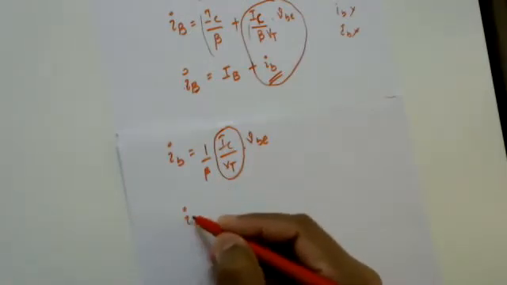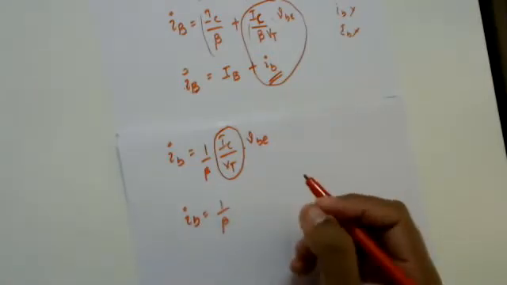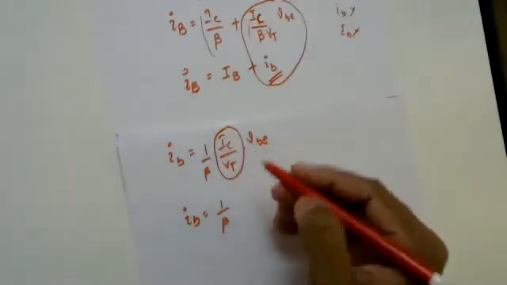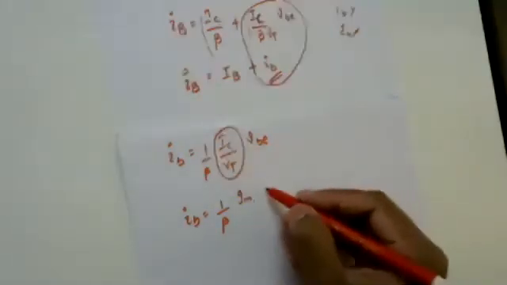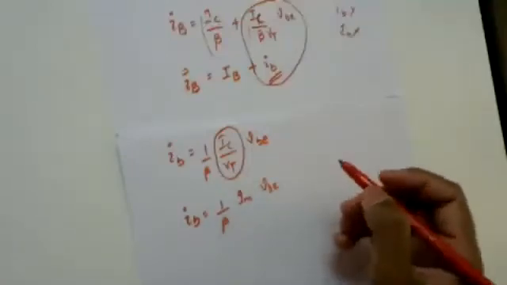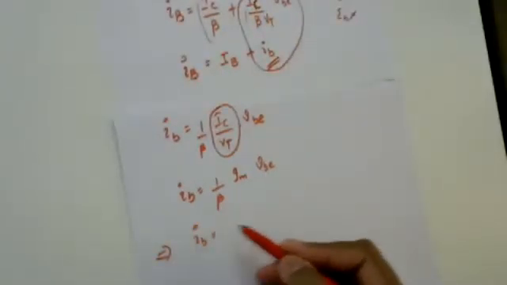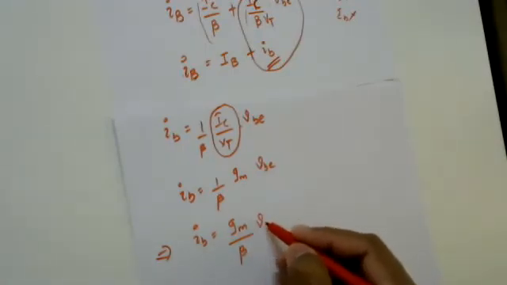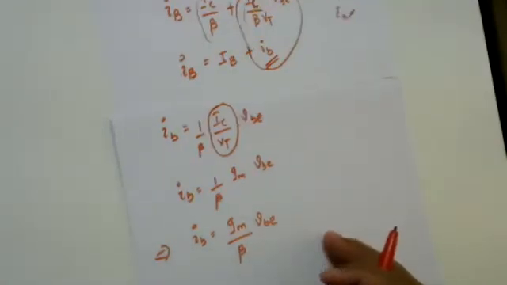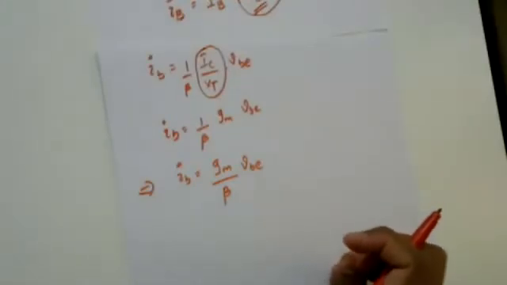So I can write this ib as 1 by beta into IC by VT, nothing but gm, the transconductance, into VBE. So this implies I can write my ib as gm divided by beta into VBE.